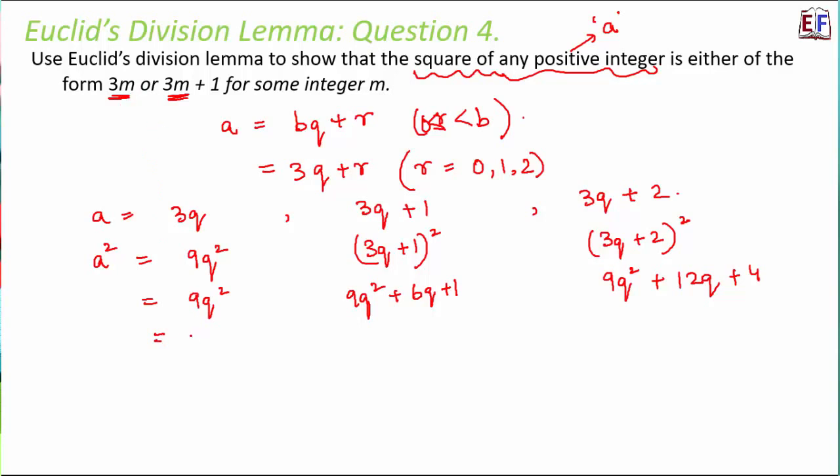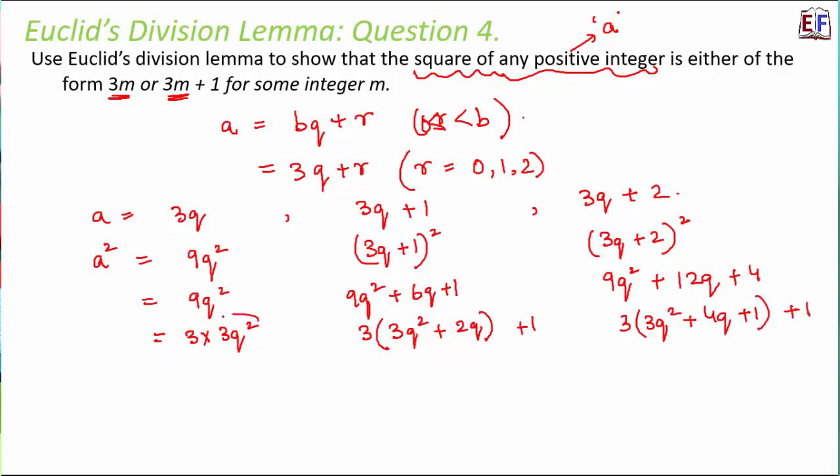So this can be written as 3 into 3q square. This can be written as 3 into 3q square plus 2q plus 1. This can be written as 3 into 3q square plus 4q plus 1, plus 1.